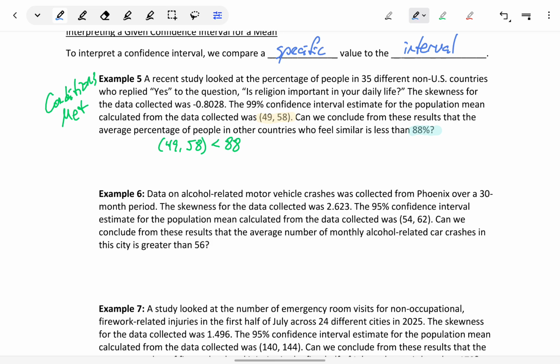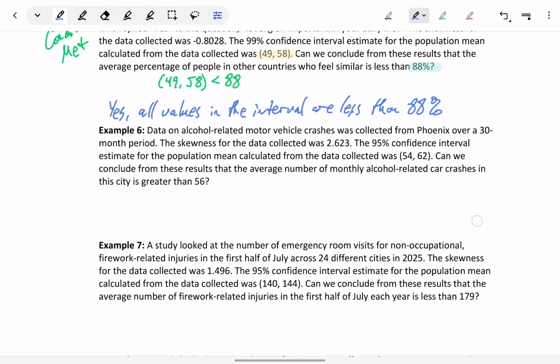That tells us that yes, we can conclude this because all values in the interval are less than 88%. So it's likely that the true population mean is less than 88%.